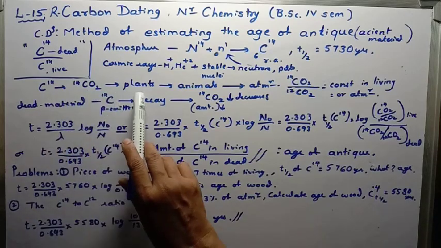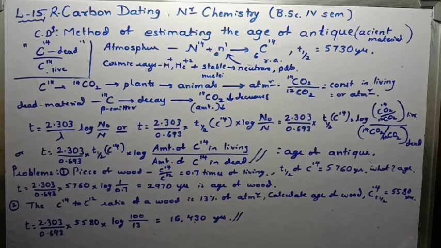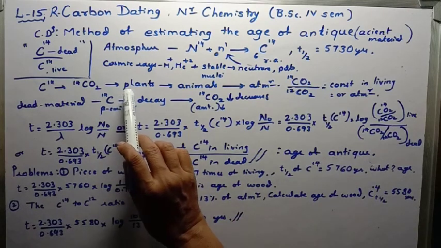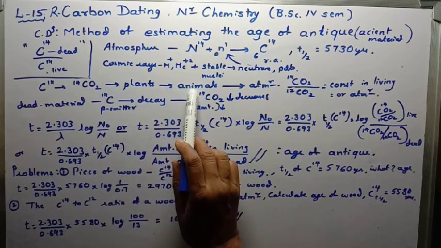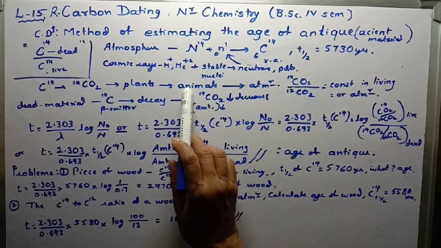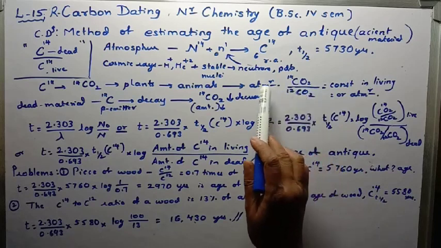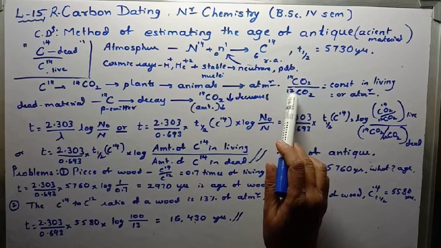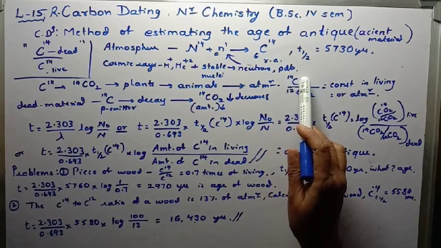When plants absorb carbon dioxide from the atmosphere during photosynthesis, they produce food, that is carbohydrates and so on. From plants it enters the animals through the food chain, and when they respire, it goes back to the atmosphere. This carbon dioxide contains C12 in maximum amount and C14 in trace amount.